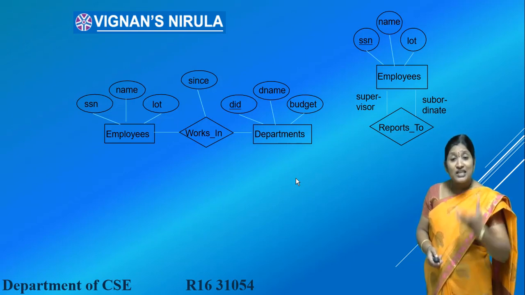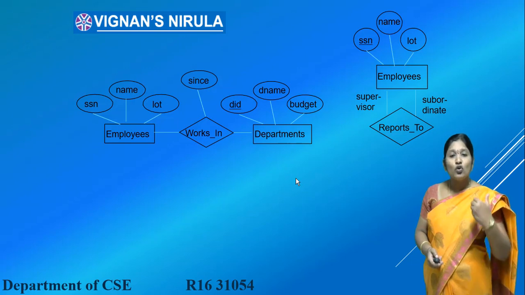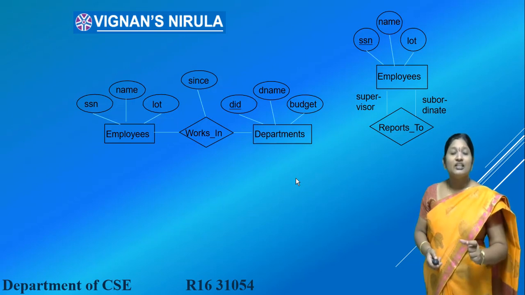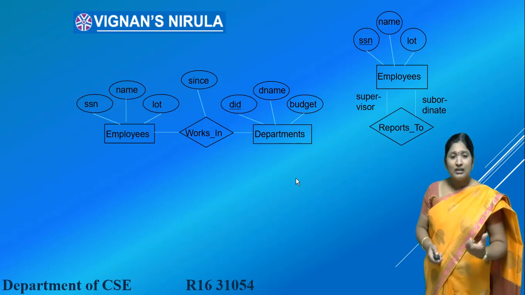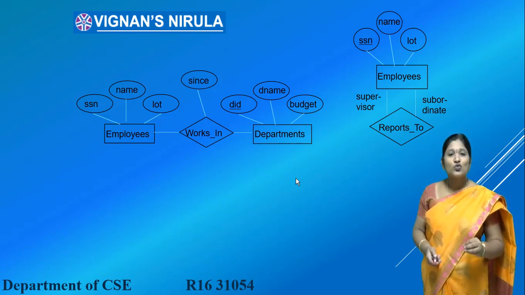So, there exist relationships among the entities in employees and the entities in departments. All these relationships are represented by means of a relationship set that is called Works_In. Here we also have another type of attribute, called the since attribute.